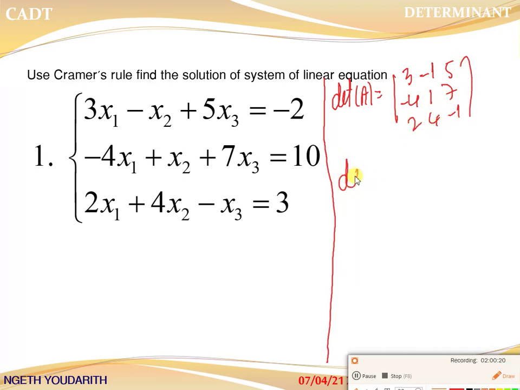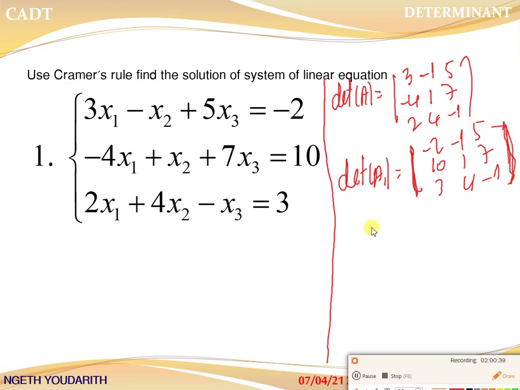Determinant A1 is equal to minus 2, 10, 3, minus 1, 1, 4, 5, 7 and minus 1.